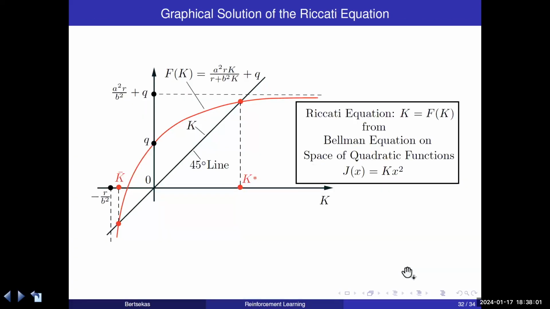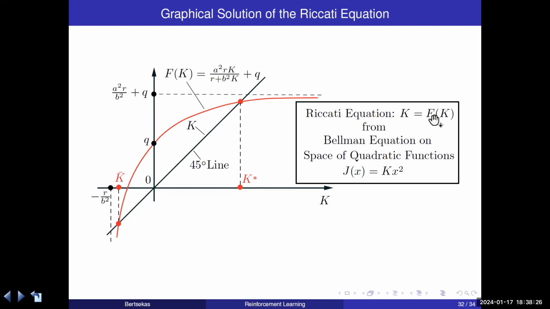Okay. There are methods for solving Riccati equations that are very efficient and very inventive. However, we're going to use a graphical solution that provides a lot of insight. And we can do a graphical solution because we're dealing with a one-dimensional problem, and therefore K is a scalar as opposed to being a matrix. So here's the Riccati equation.